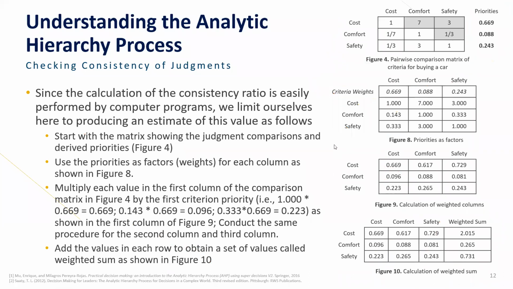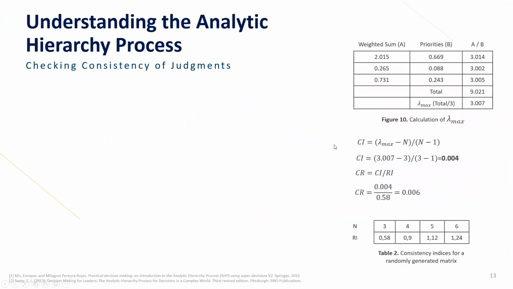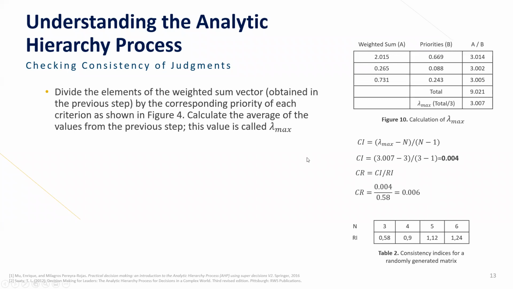And then the next step is to go to the CI, consistency index, calculations. Here we have the weighted sum that we have earlier for cost, comfort, and safety, right? The weighted sum.